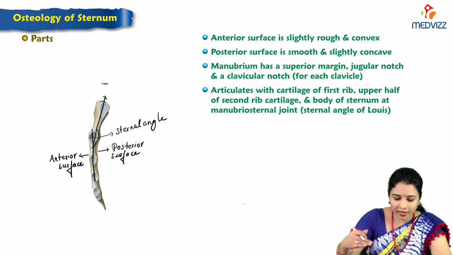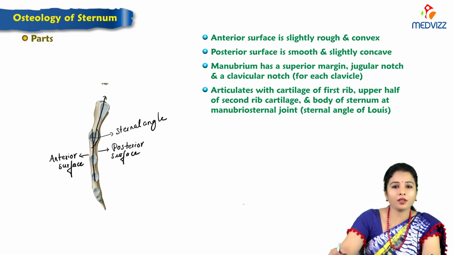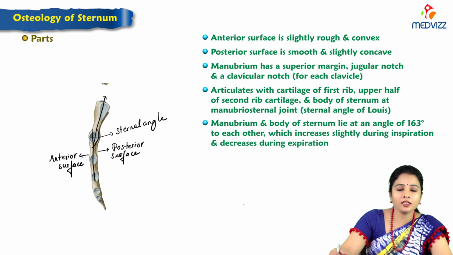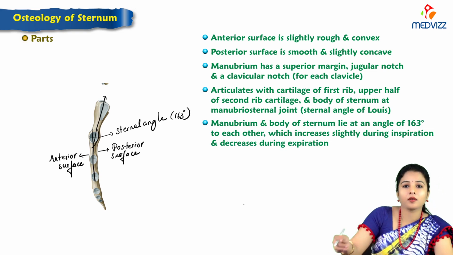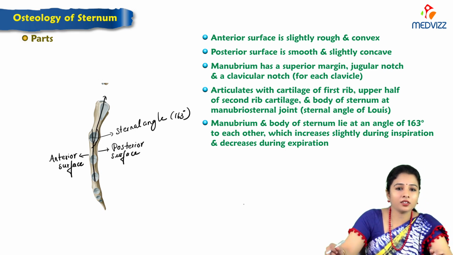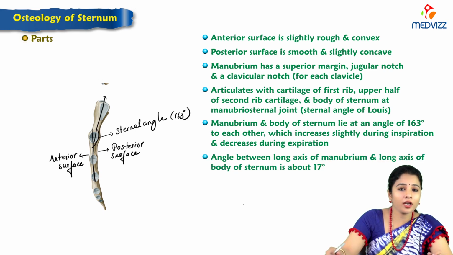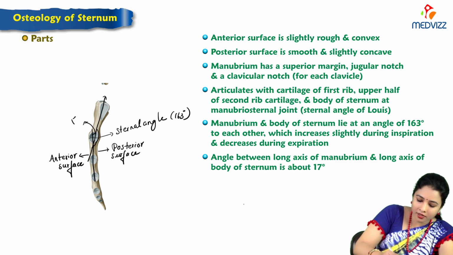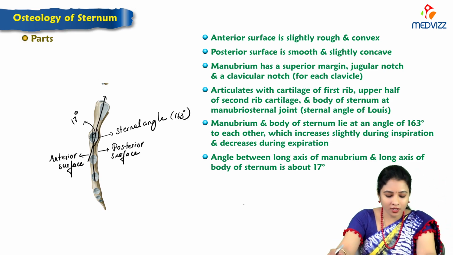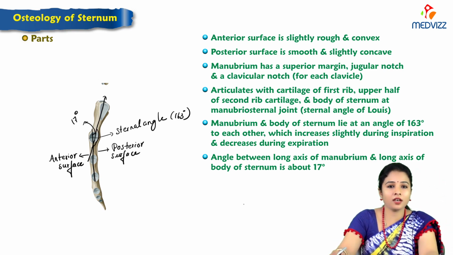We can see a slight bend between the manubrium and the body of the sternum. This angle is approximately 163 degrees. It increases slightly during inspiration and decreases during expiration. The angle between the long axis of the manubrium and the long axis of the body of the sternum, if you intersect these two, we can make it out to be 17 degrees. That is also considered the sternal angle.